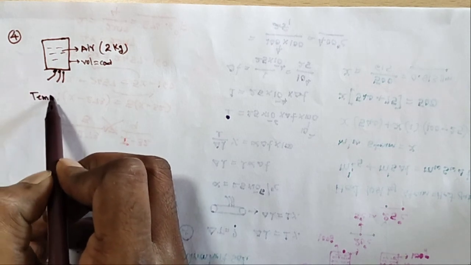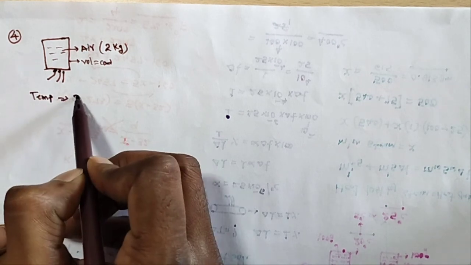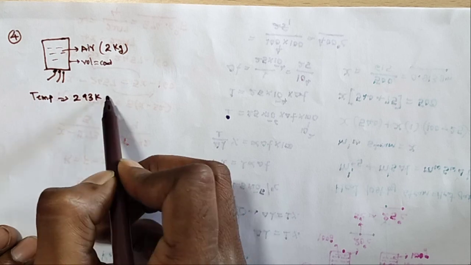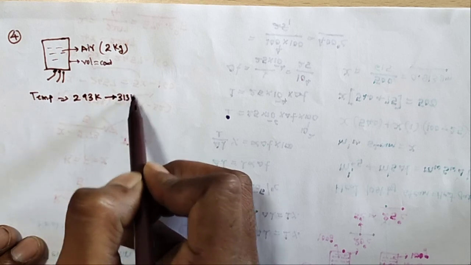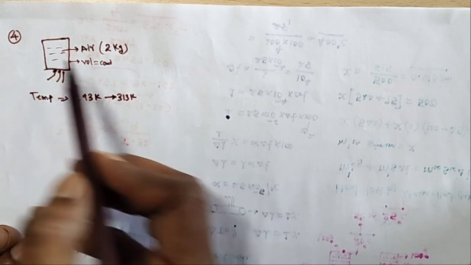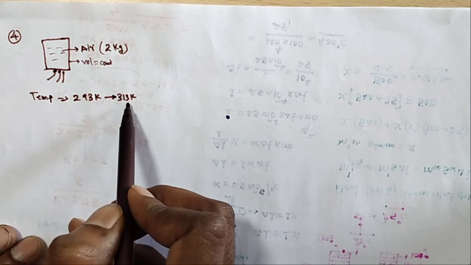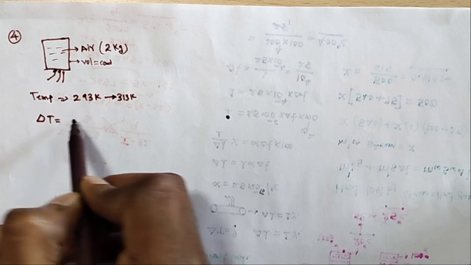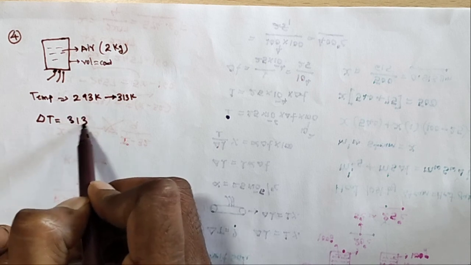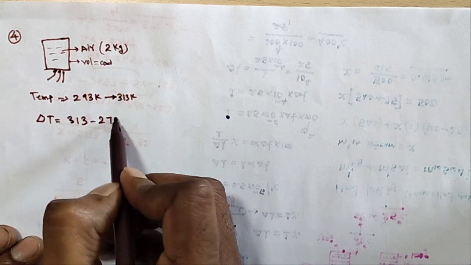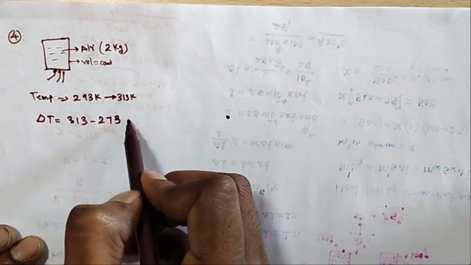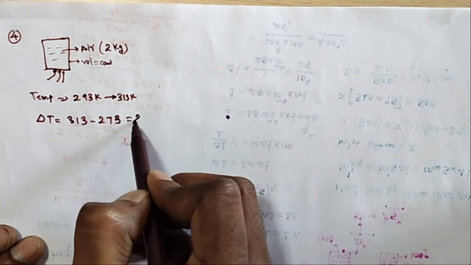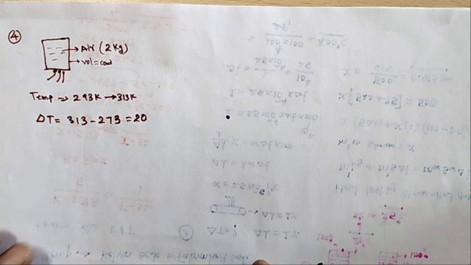The air temperature changes from 293 Kelvin to 313 Kelvin. So what is the change in temperature? Delta T is equal to 313 minus 293. This is in Kelvin. So that is 20.